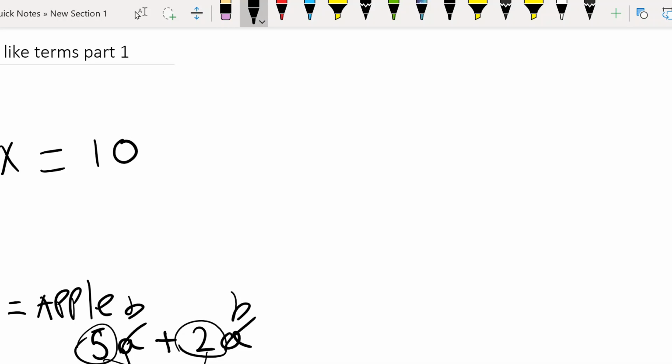They'll just give you some variables, and you need to add them up or whatever, and you want to know how to simplify these things, okay? So the first thing I'm going to start off with is addition. How do we add variables up?